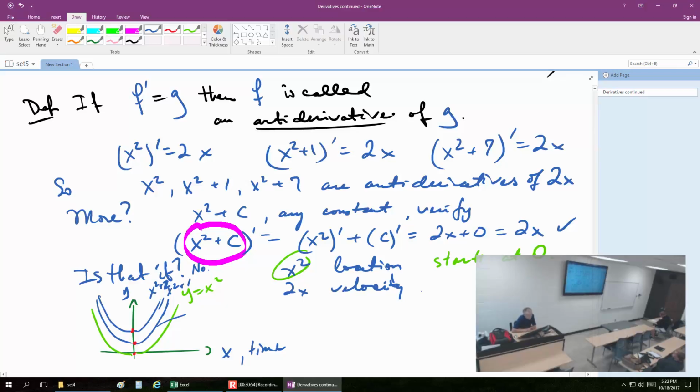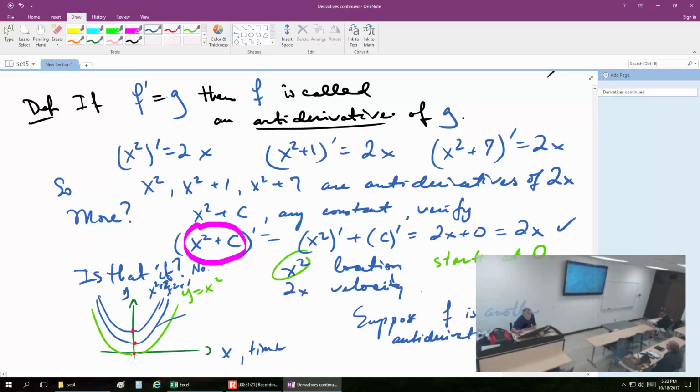And we are actually in a position to demonstrate it, because it's actually uncomplicated. Suppose f is another antiderivative of 2x.